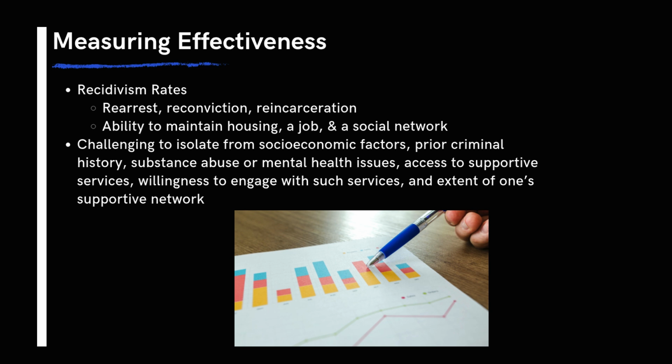In addition to recidivism rates, we also want to look at whether one has been able to maintain employment, housing, and whether one has been able to establish a social network.